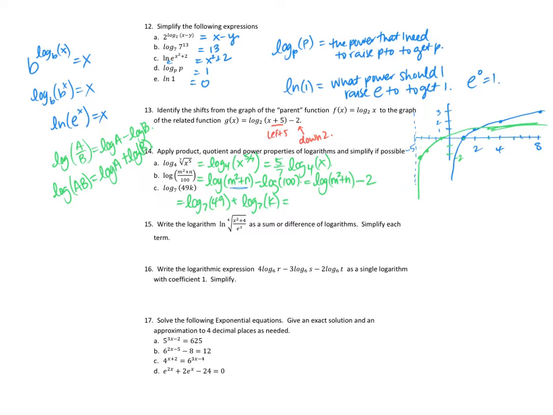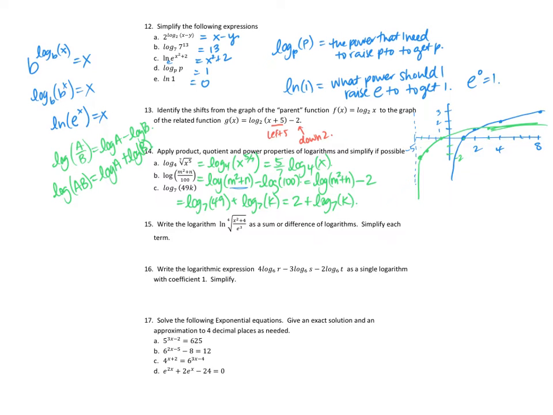Well, I know what log base 7 of 49 is because I know that 7 squared is 49. So log base 7 of 49 is 2 plus log base 7 of k. And that's as simple as we can get on that one. The next one says, write that logarithm as a sum or difference of logarithms. Simplify each term. Okay.